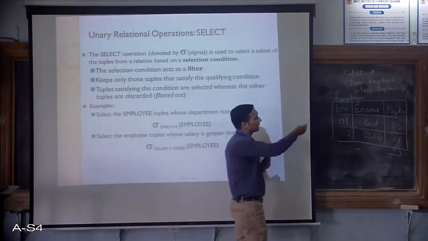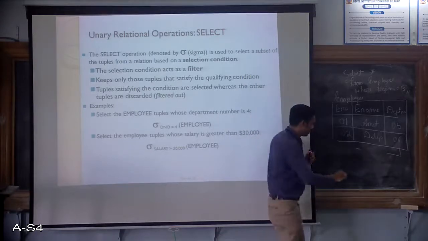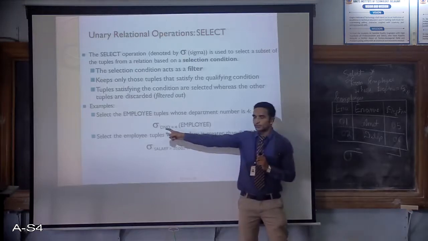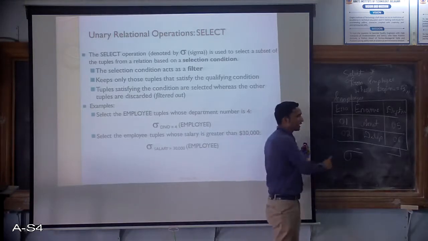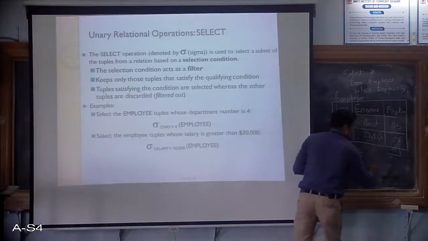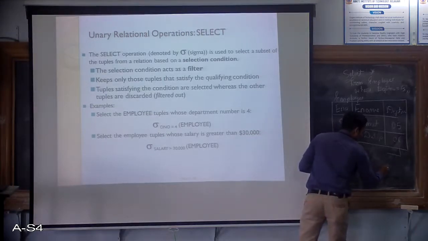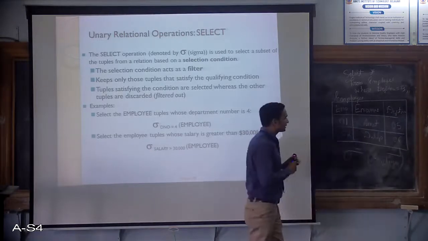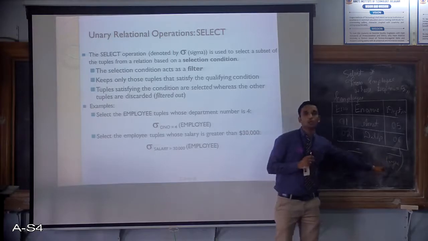It is very simple compared to SQL. So when I write this notation, select sigma, which means that you are selecting some rows from the table. Select followed by the relation name. Now here the relation name, or the table name, is employee. So how does it work? Select all the rows from employee.